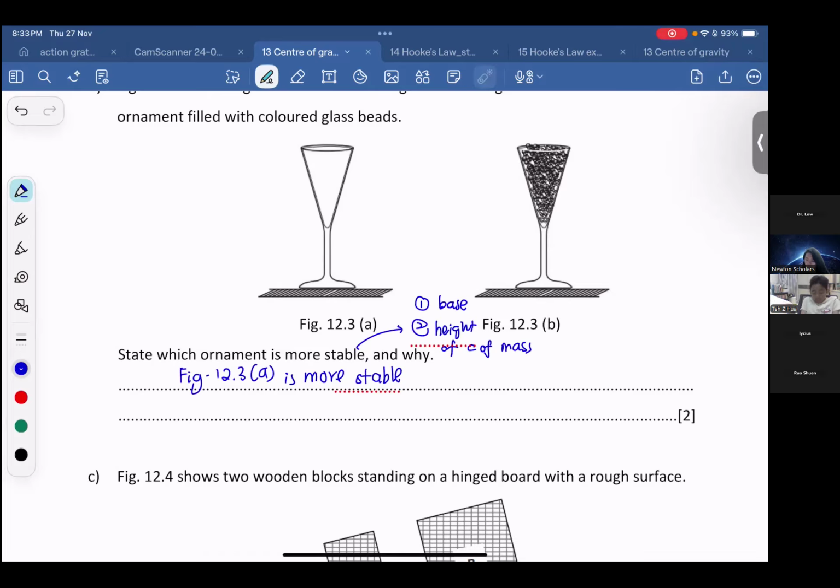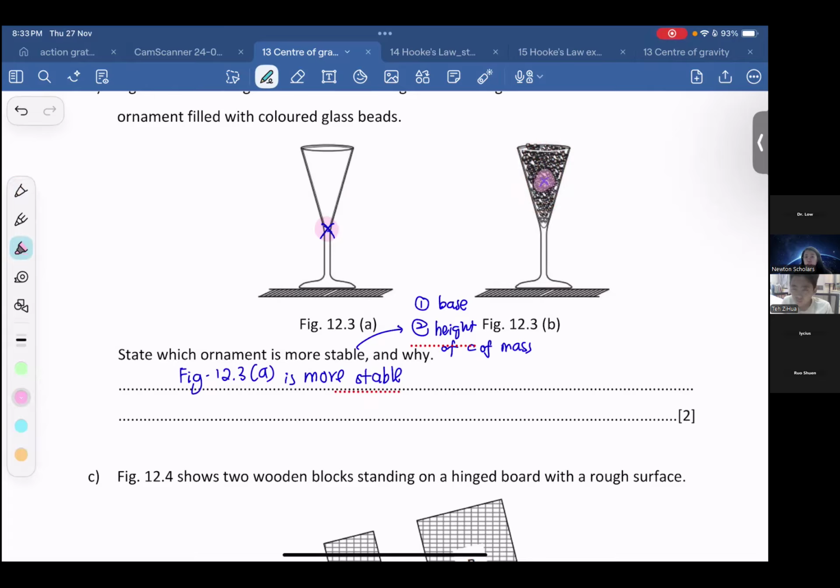Okay, you look at this. In the first diagram, there is actually no mass here, so the center of mass might be somewhere here. I'm using a highlighter somewhere here. For the second case, we have a lot of load here, so that makes your center of mass higher, somewhere here.